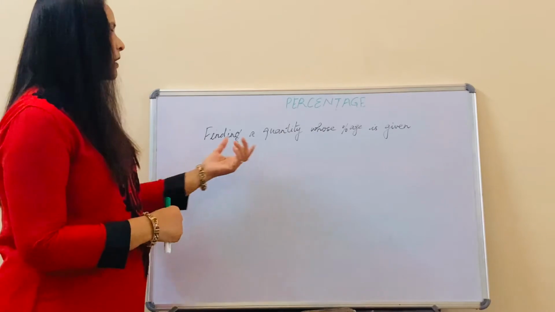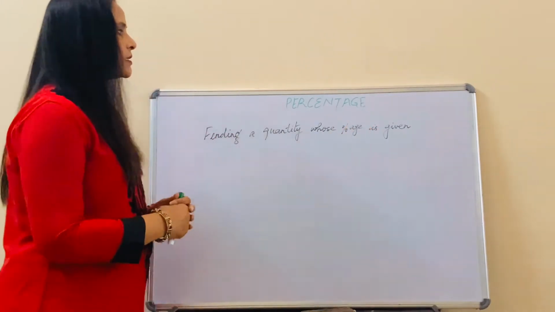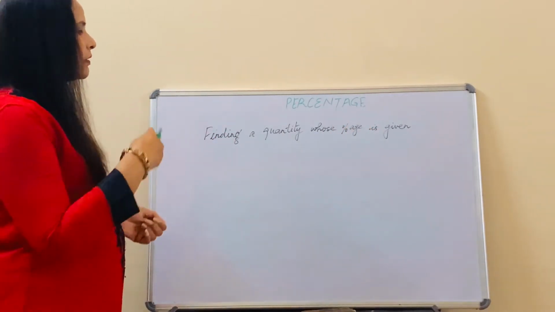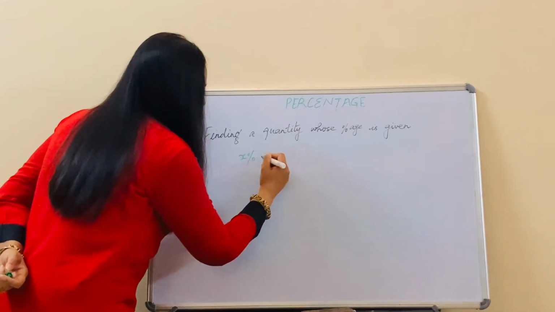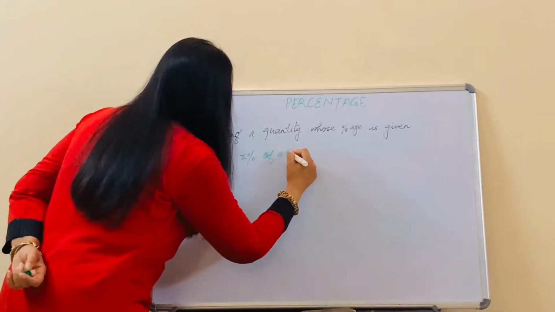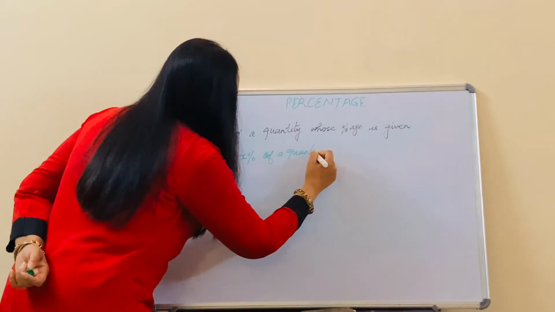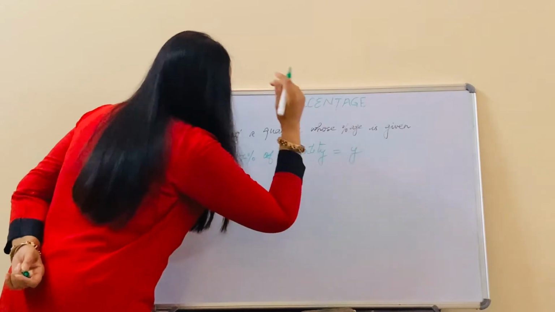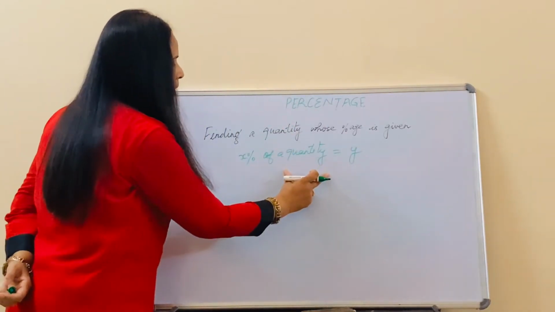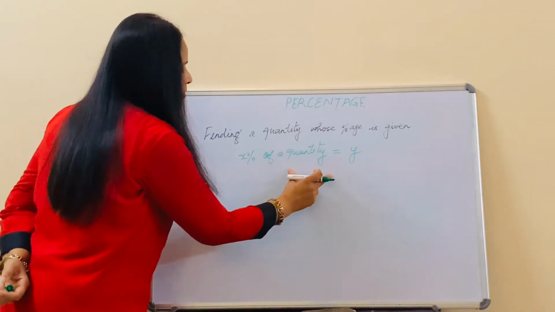How do we find a quantity whose percentage is given? Suppose you are given X% of a quantity whose value comes out to be Y. So how can we calculate the value of this quantity?